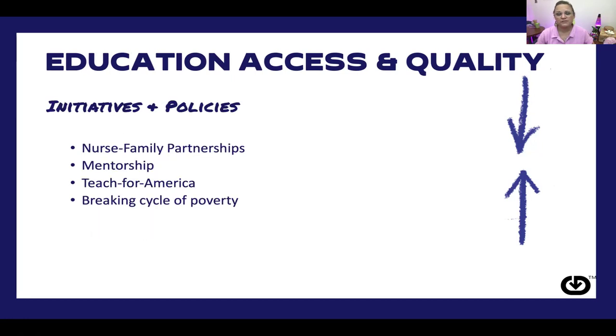There are a number of initiatives and policies built to address the social determinant of health. The first is the nurse-family partnerships. The nurse-family partnerships have been around for over 45 years, and they have a combination of both private and federal funding. And they have an incredible track record of improving a variety of public health initiatives with young mothers and children.